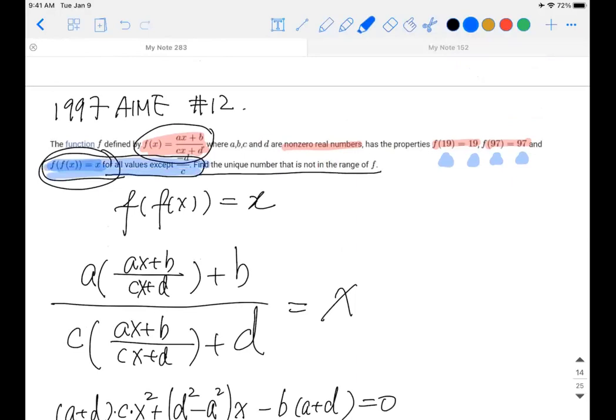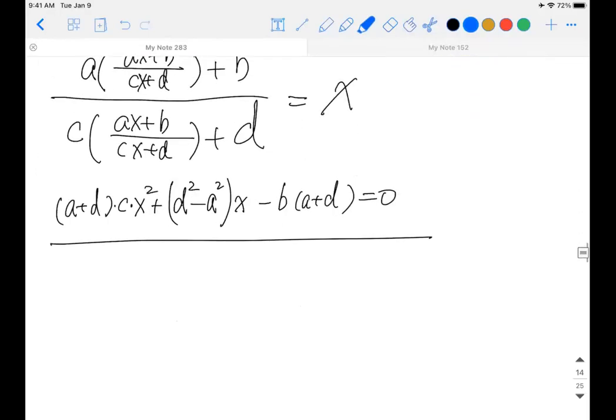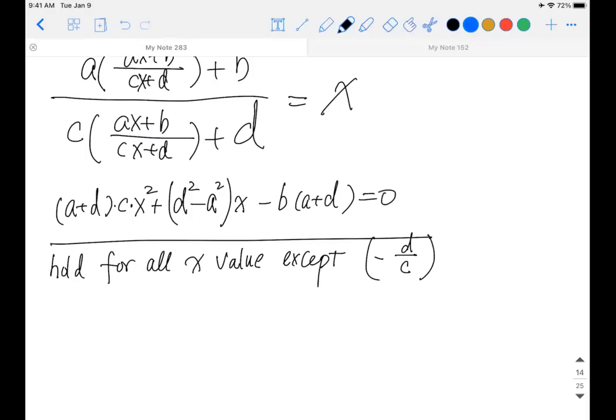It means this holds for all x values except minus d over c. Let's check it out.